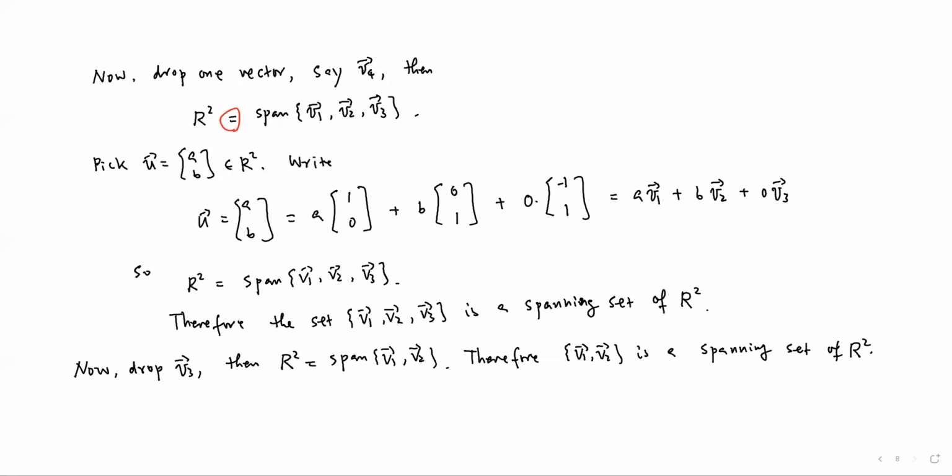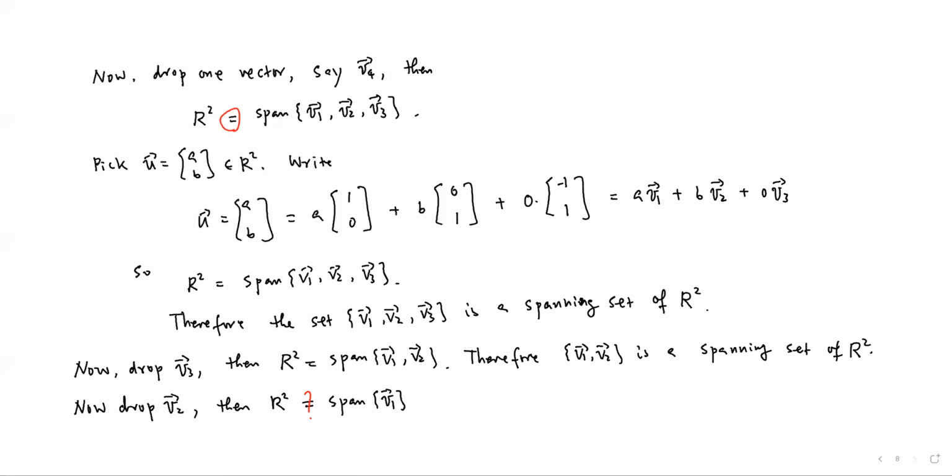How about we continue the dropping process? From this spanning set, how about let me drop V2, and ask yourself, is R2 spanned by V1?